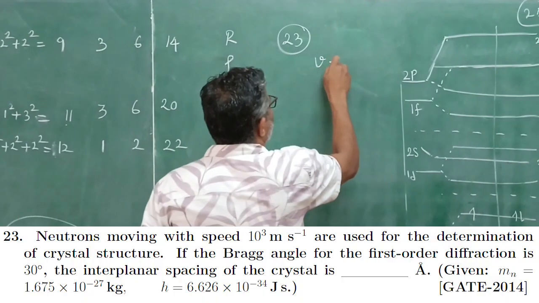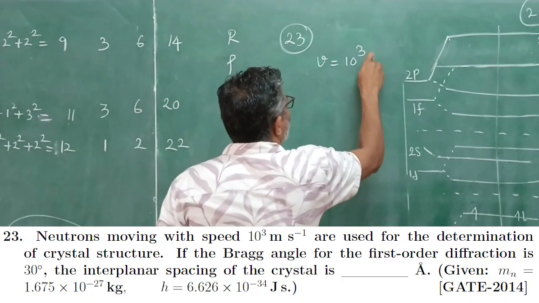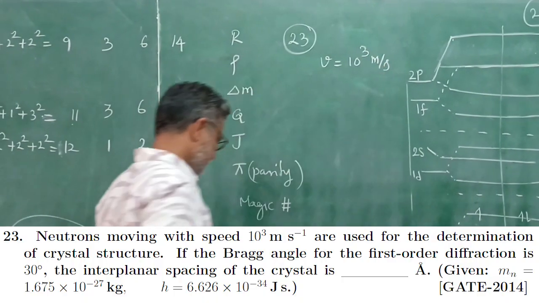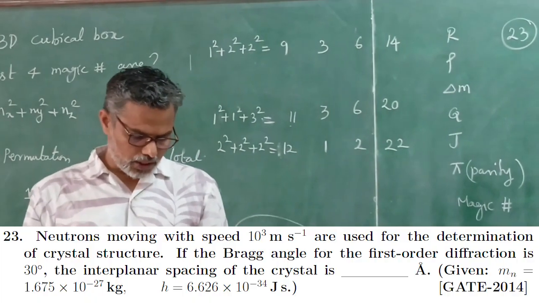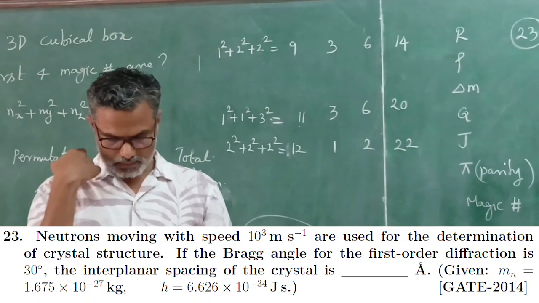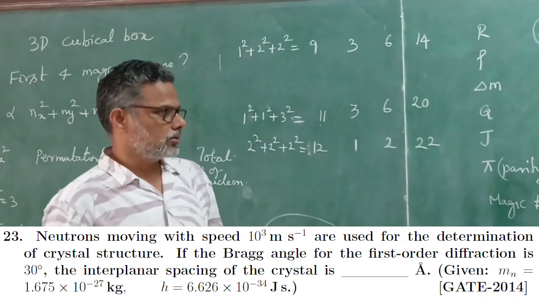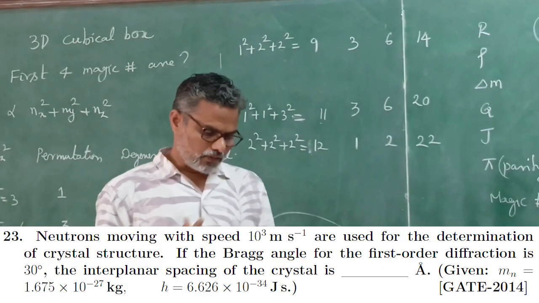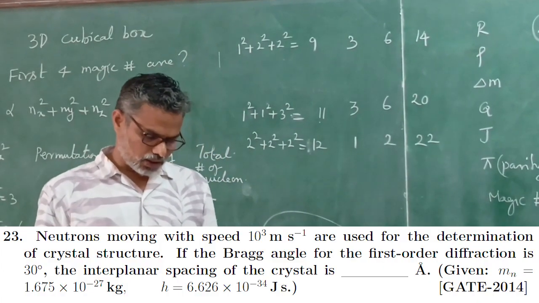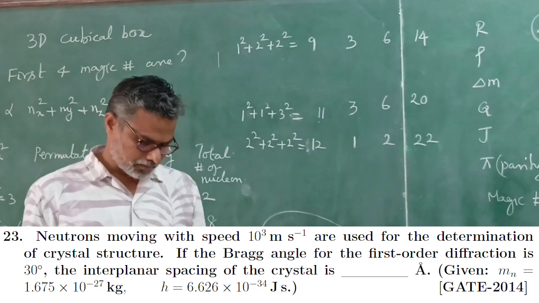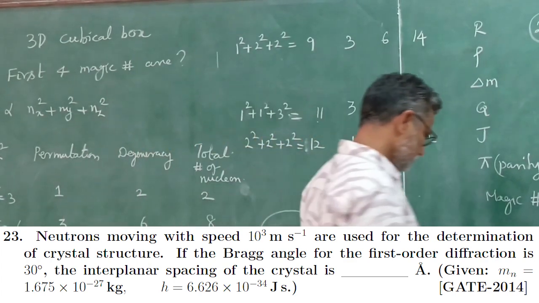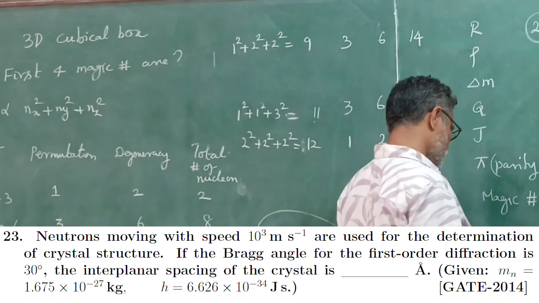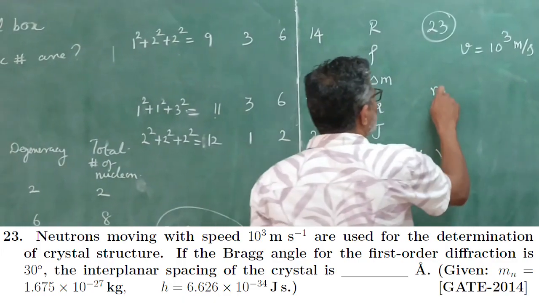Neutrons moving with a velocity of 10 to the power of 3 meter per second are used for the determination of crystal structure. If the Bragg angle for the first order diffraction is 30, the interplanar spacing of the crystal is, in angstrom?